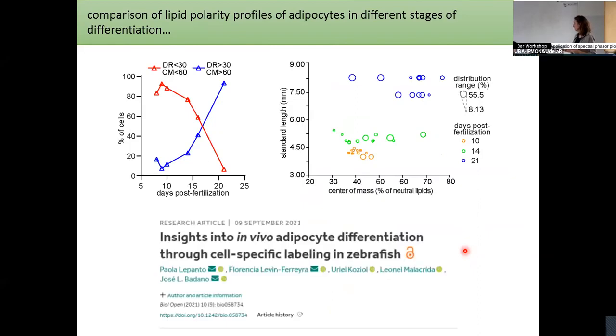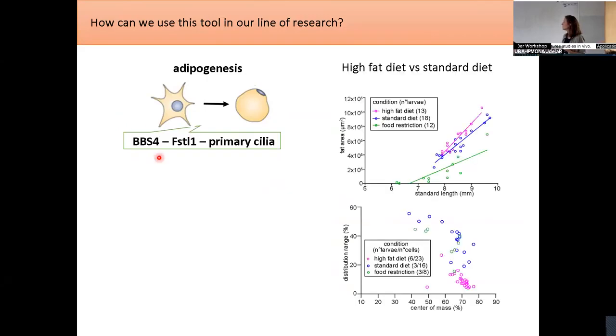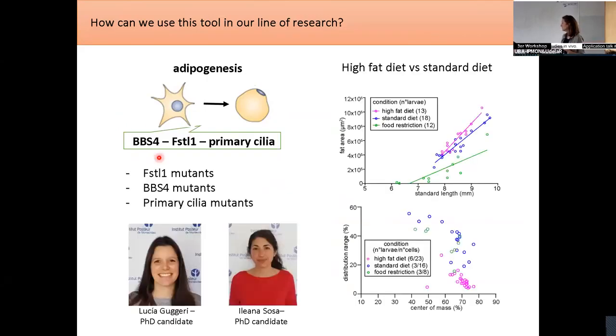Luckily, all these results and some other, we could publish them this year. And how can we use this tool in our work to analyze this pathway? This is the work that is being done by Lucia and Iliana, that are PhD students in our lab.